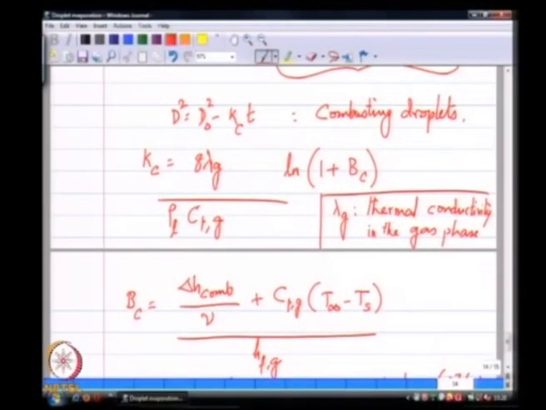If I look at this expression for Kc, the only process that limits the rate of evaporation is now controlled by lambda g, where in the past we had the diffusivity.